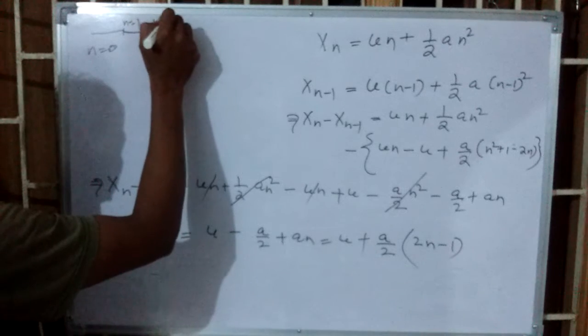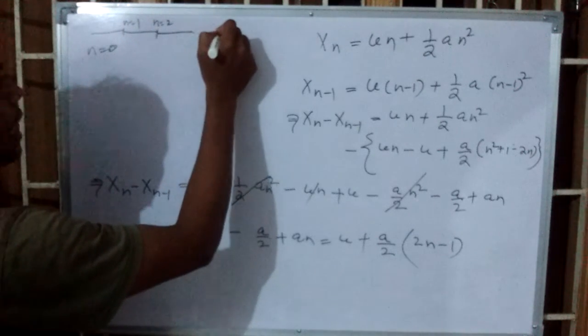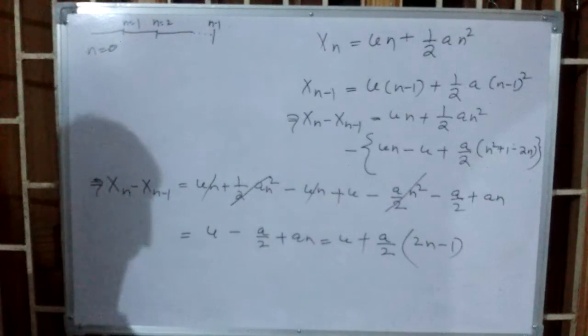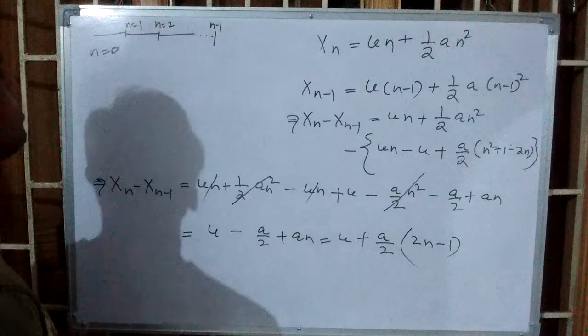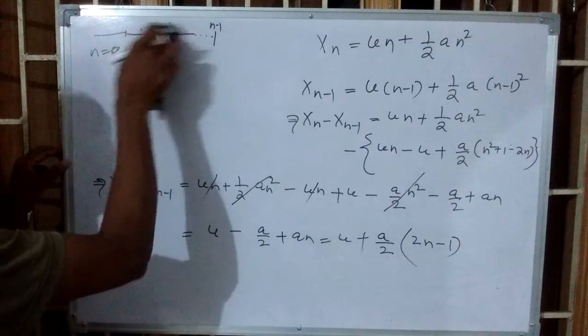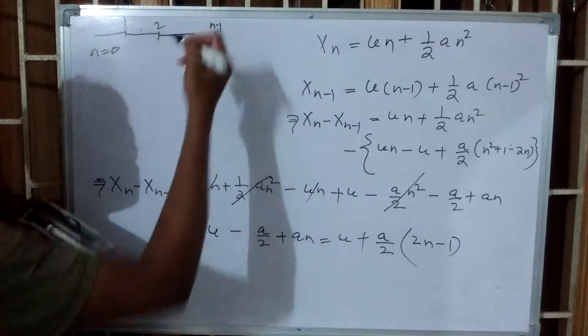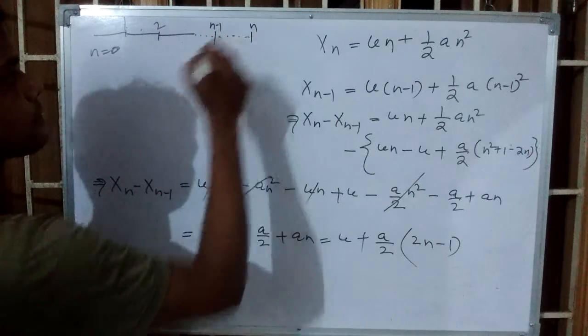Now n is equal to 2 seconds. Like this, at some instant it will be n minus 1, then some value n. Simply write 1 second, 2 second, 3 second like this. So finally it will be n minus 1, then after 1 second it will be n seconds.